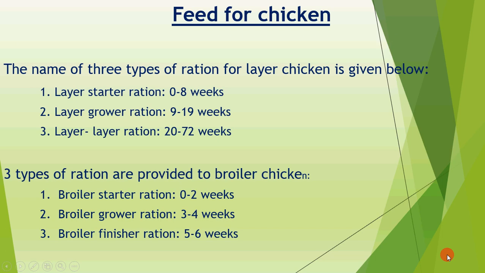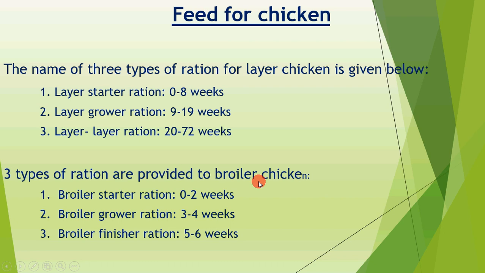Next is feed for chicken, but first you have to understand which age needs what type of feed. As I said, there are two purposes for which we rear poultry: one is layer and the other is broiler.